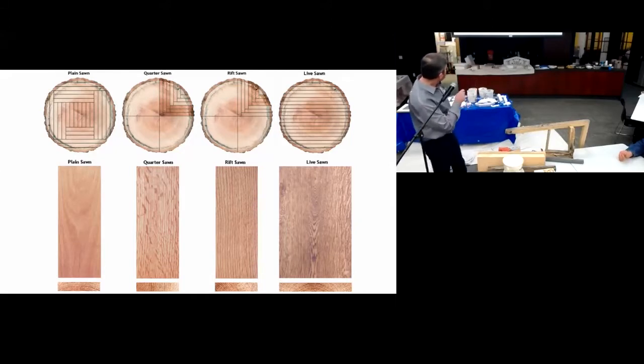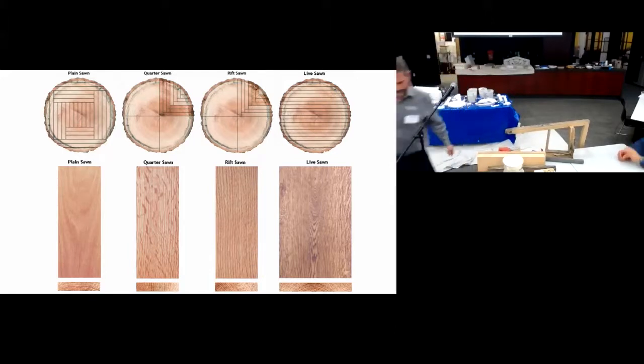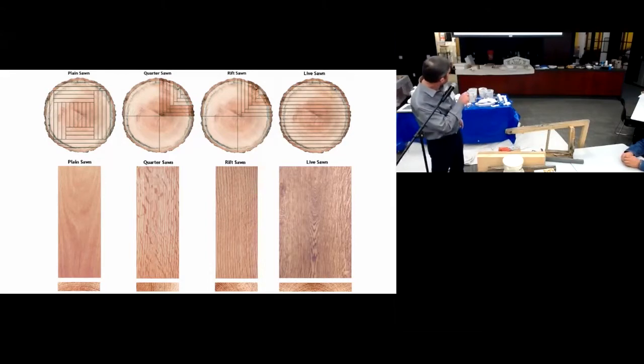So let's see if I can figure it out. So for instance, with the quarter sawn, we're getting much, sorry, which way is it? Trying to see where the line is in this. One second. I think what it's emphasizing here is that the quarter sawn is not out in the sapwood.